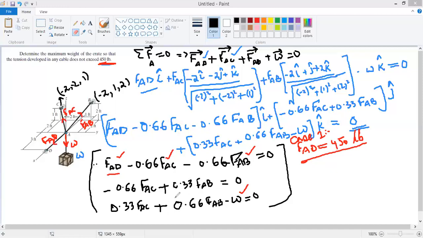Once we obtain them, we will substitute the FAC and FAB values here and obtain the value of W. So substituting FAD equal to 450 pounds, this equation reduces to minus 0.66 FAC minus 0.66 FAB equal to minus 450 pounds, taking 450 to the right hand side. Okay, so now let's solve these two equations to obtain the value of FAC and FAB.